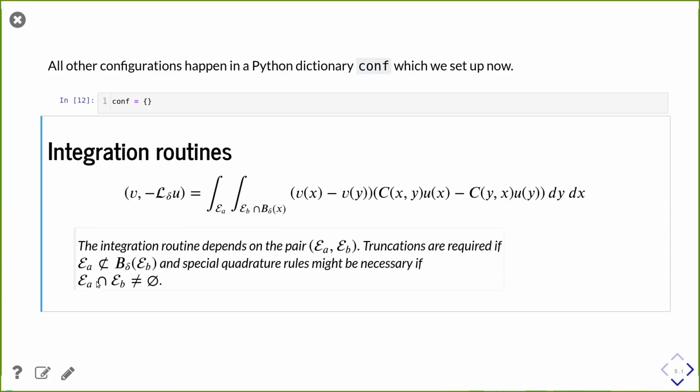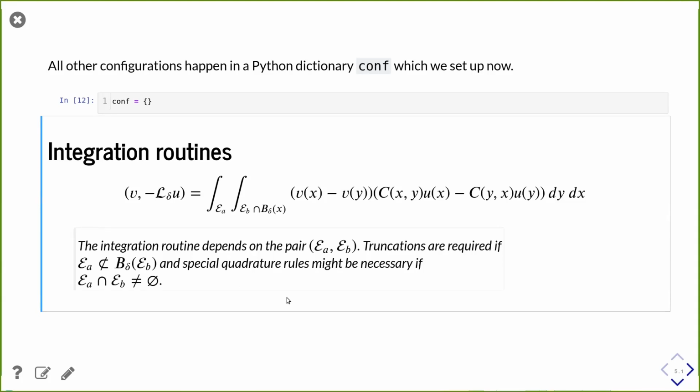So if the elements are touching and we have a singular kernel, we need special quadrature rules. So there's somehow a switch between quadrature rules depending on the case. So that's the first thing to say here.